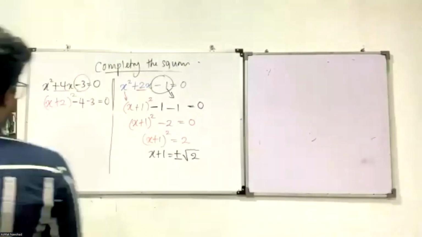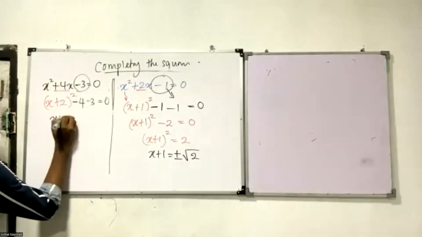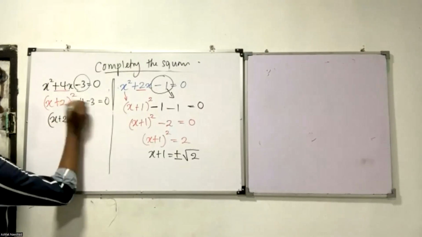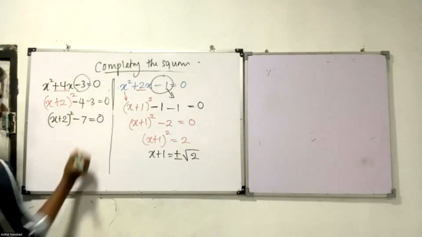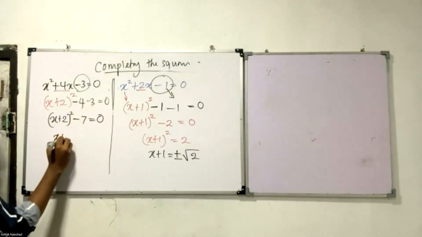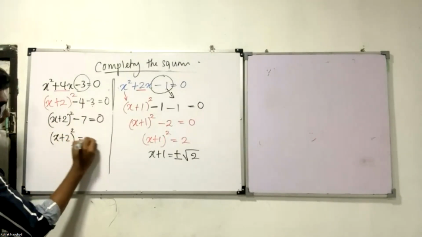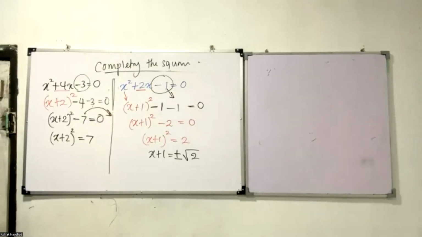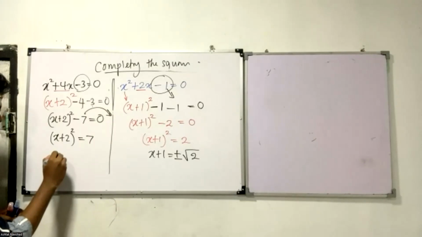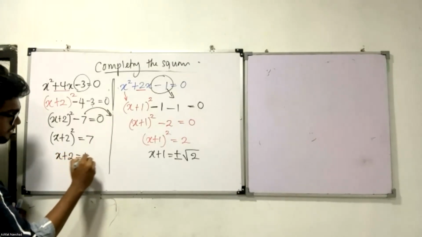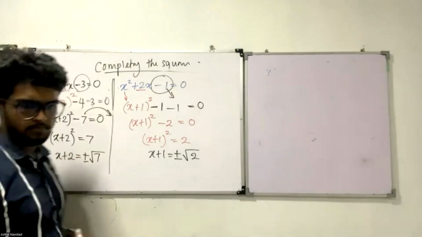See, x plus 2 squared becomes x plus 2 squared minus 7, like minus 4 minus 3 is minus 7. Minus 7 is 0. So x plus 2 squared is 7. This becomes positive when taken to the other side. Now we'll apply the root. So x plus 2 is plus or minus square root 7.